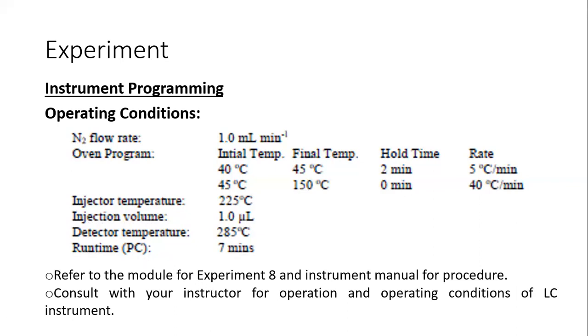There is a more detailed explanation for how you can use and operate the GC instrument in the experiment module. The steps for operating the GC written in the experiment module are very comprehensive.